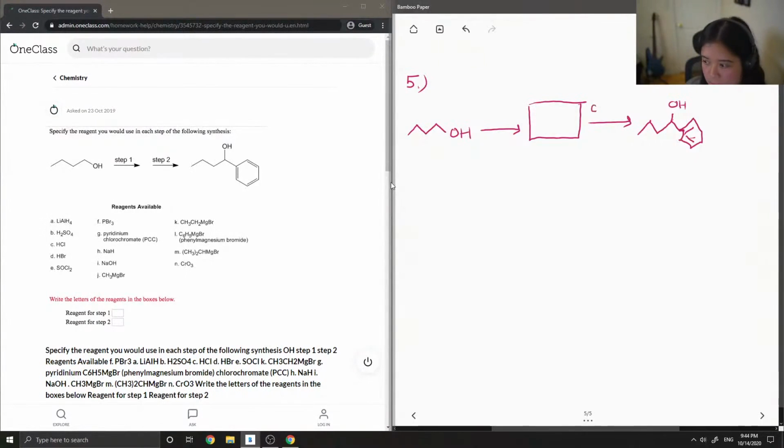So it is C6H5MgBr. And usually this is reacted with an acid. This is something called the workup step.